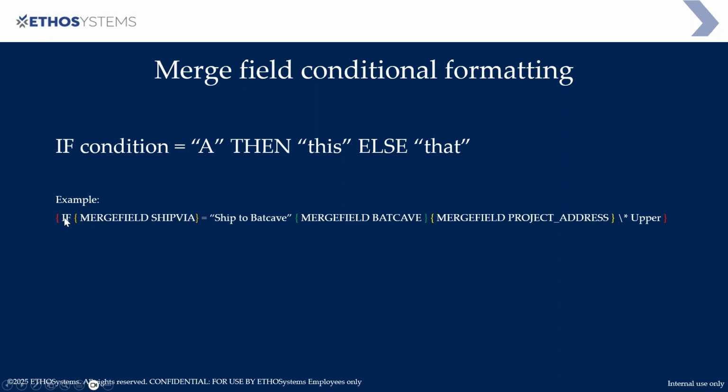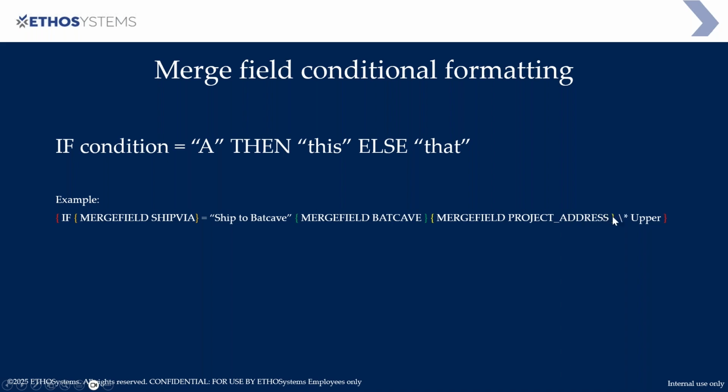So I'm saying if my merge field of the ship via, the shipping method, equals ship to Batcave, then use the merge field called Batcave. But if it doesn't have the shipping method of ship to Batcave, then choose project address instead.